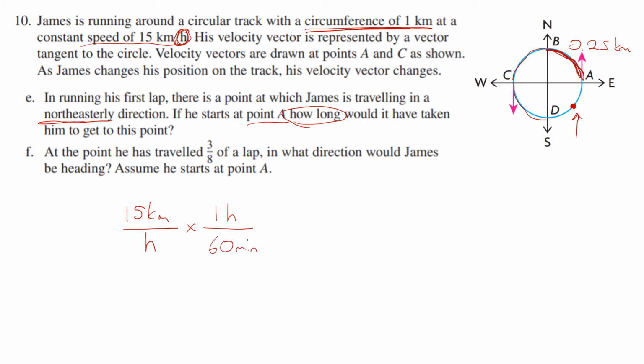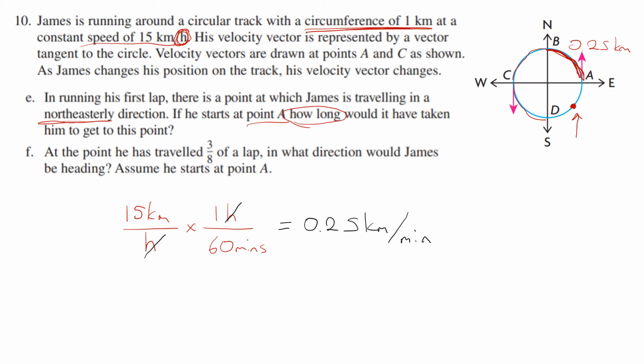That way, let me get my pencil. That way I can cancel out my hours, and I'll get a value of 0.25 kilometers per minute. So what I actually found over here is per minute, James goes 0.25 kilometers.